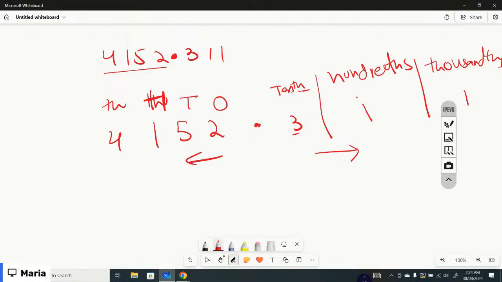If you have any questions related to the place values, please ask. Okay, let's start with the test questions.